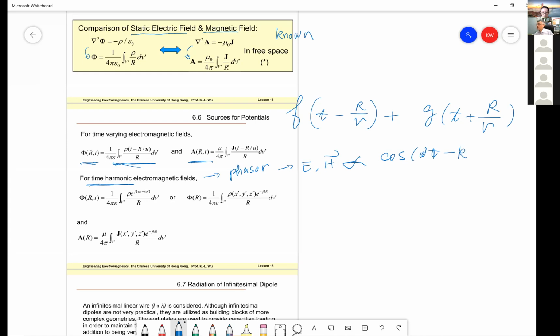I use k, right? And then kr. It changes like this. Or if you like, you can add another initial phase constant. So this is called time harmonic. That means up and down, sinusoidal. The change with time is this.